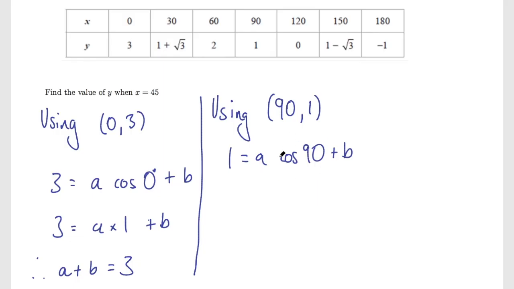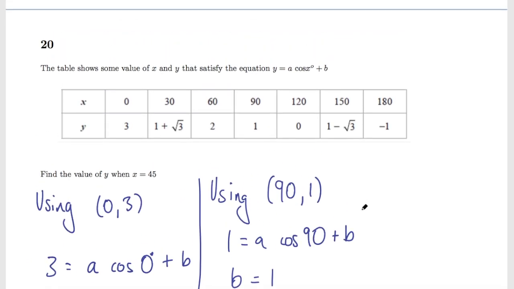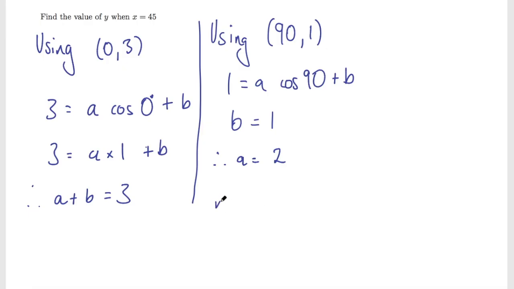So this all becomes 0, and essentially what I end up with is b equals 1. So if we know that b equals 1, remember we know that a plus b equals 3, so therefore a must equal 2. So now we know a and b. So y equals 2 cos x plus 1.